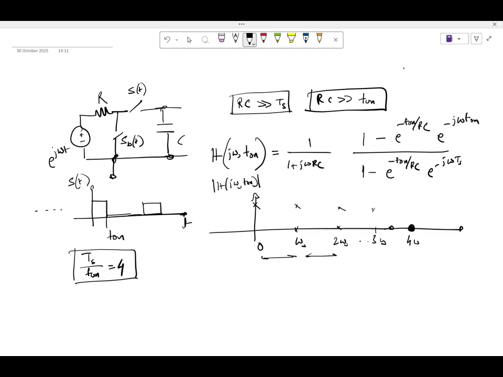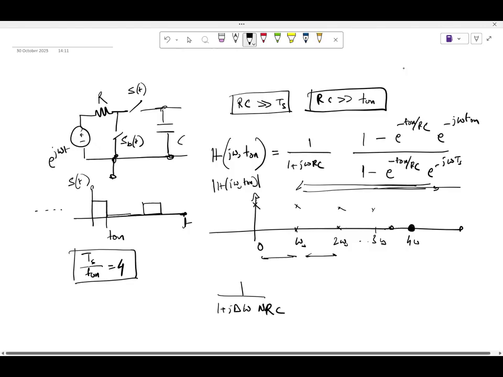Okay, and also we saw that this entire thing can be approximated as 1 by 1 plus j delta omega N RC, where N equals 4 in this case. This is H of j(omega s plus delta omega), t_on, which becomes approximately equal to this around omega s.